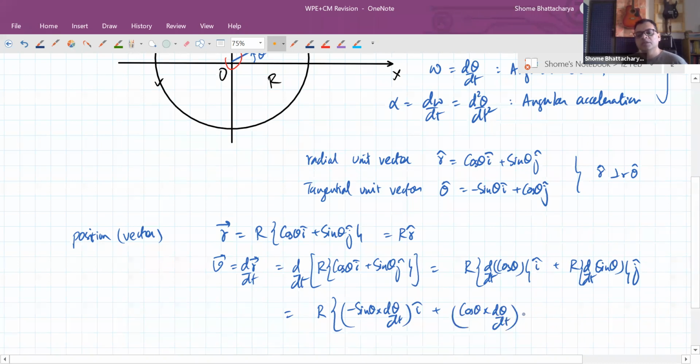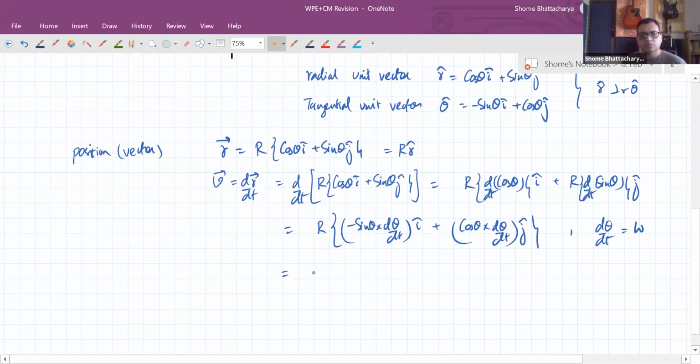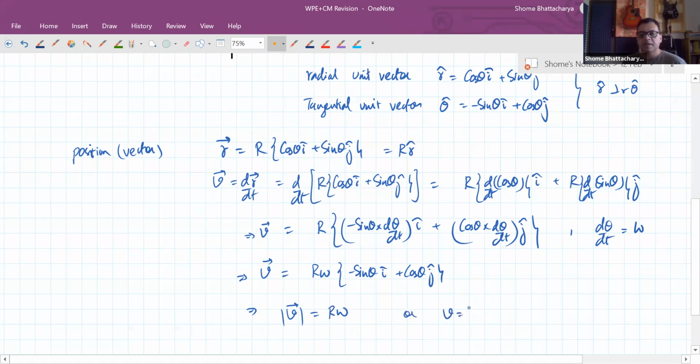So completing the differentiation using the chain rule application, you can see it becomes this. But now we know that d theta by dt, the instantaneous rate of change of angular position with respect to time, is nothing but angular velocity. So this term further becomes this. Okay. So this gives us the important understanding here that the magnitude of velocity at any point of time is r into the magnitude of angular velocity, or the common relation between speed and angular speed.